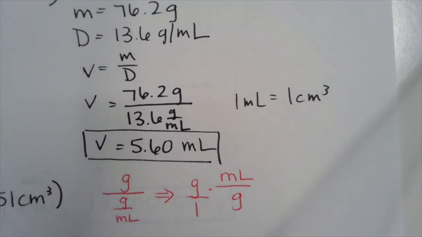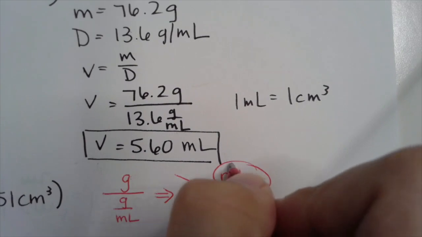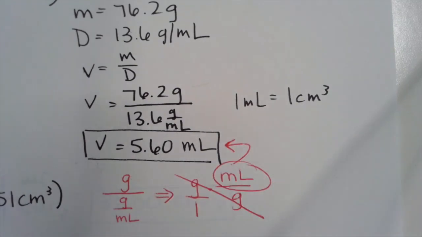That's technically over 1. Those cancel out, and your units are going to be milliliters, which is why that final answer is in units of milliliters. In chemistry, it's always really important to have your units squared away. Now in Chem 1, you'll never have to do this, but I usually like to show students why the units are the way that they are. And mathematically, they work out just like math problems do.